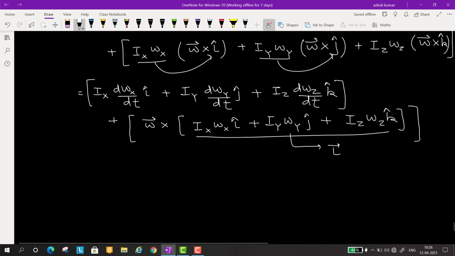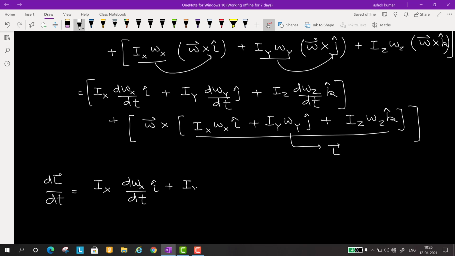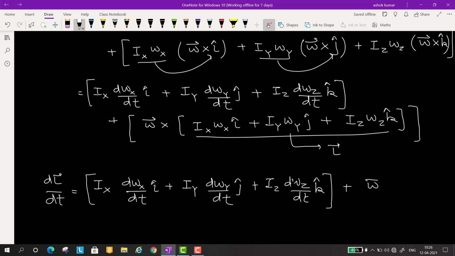So we can simplify the above equation as Ix d omega x by dt i cap, Iy d omega y by dt j cap, Iz d omega z by dt k cap, plus omega cross L. So we mark this as equation number 3.